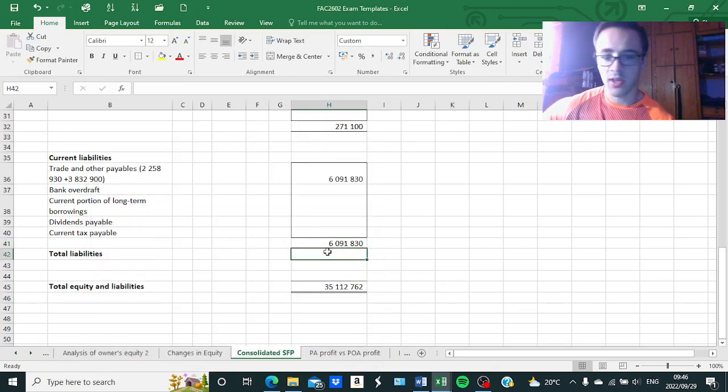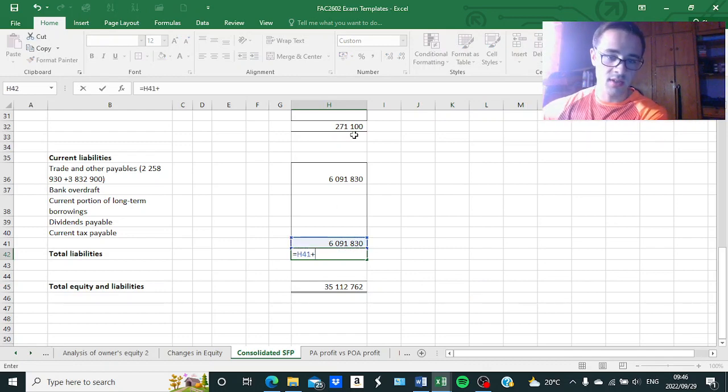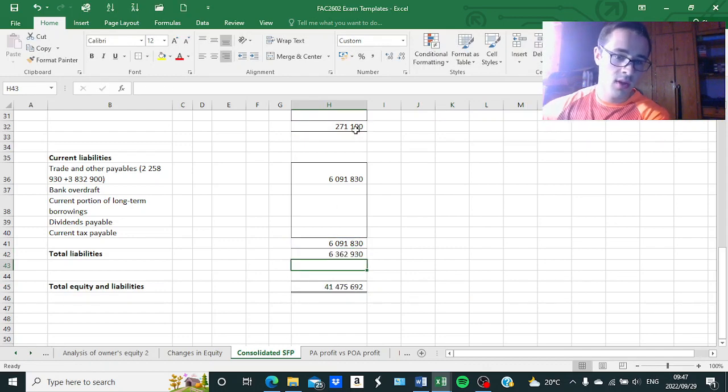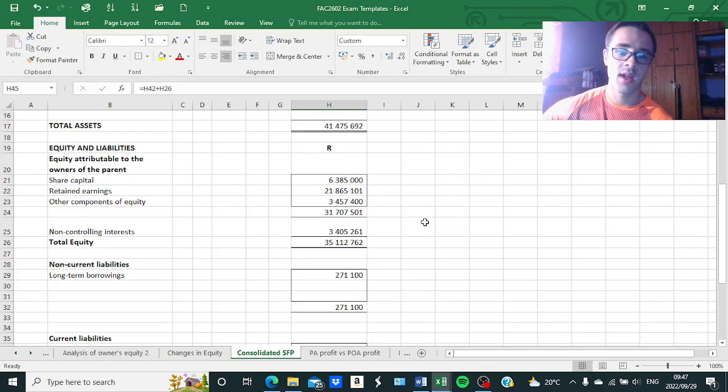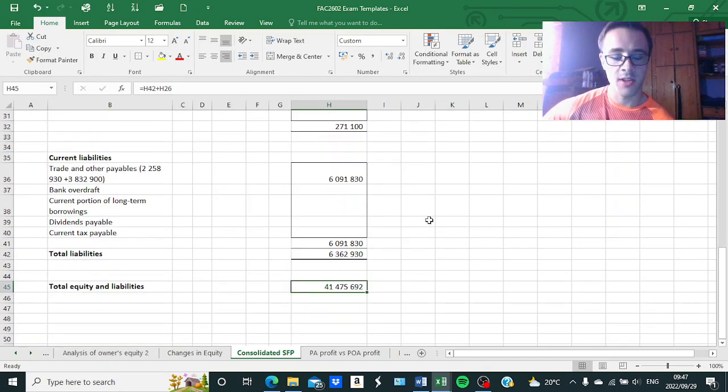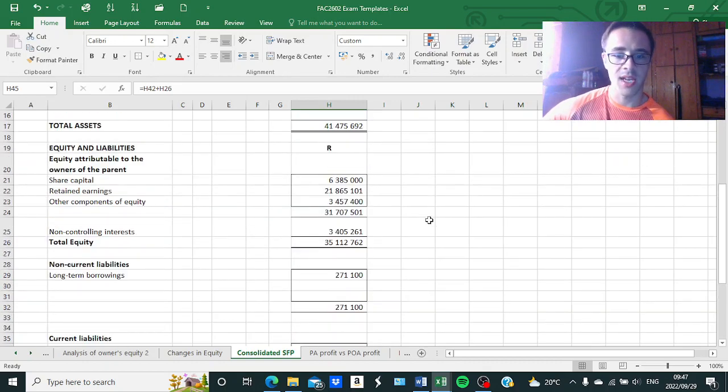Okay, so your total liabilities would be the sum of this and this one right here. So your total equity and liabilities amount to 41,475,692, which is the same as your total assets. So our consolidated statement of financial position is in balance.